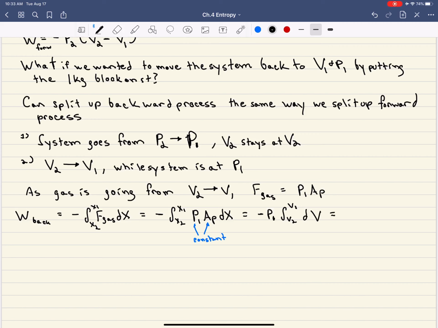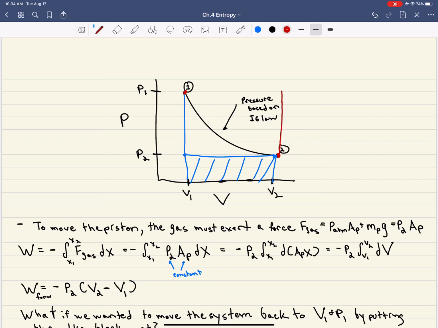Okay? And so if we go back to the graph that we had here, in the reverse case, or the backwards case, we start at state 2, and we end at state 1. But the way we split it up is we first go to pressure 1, and then we go to volume 1.